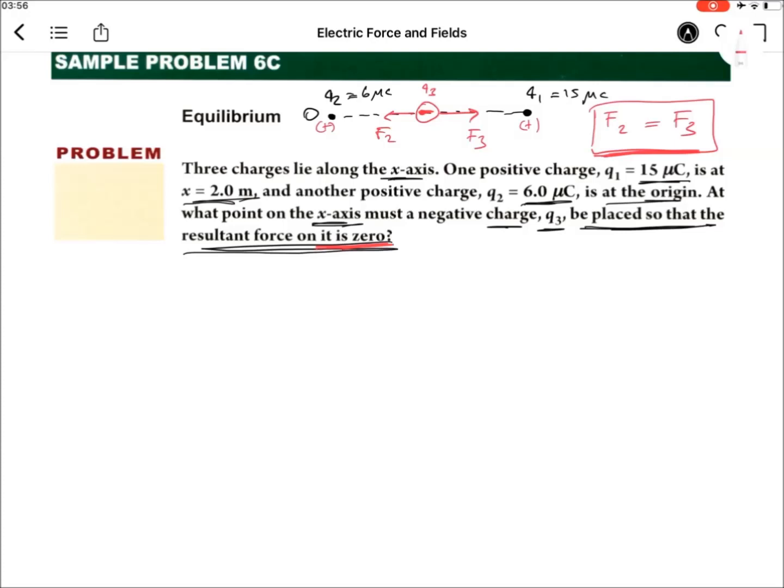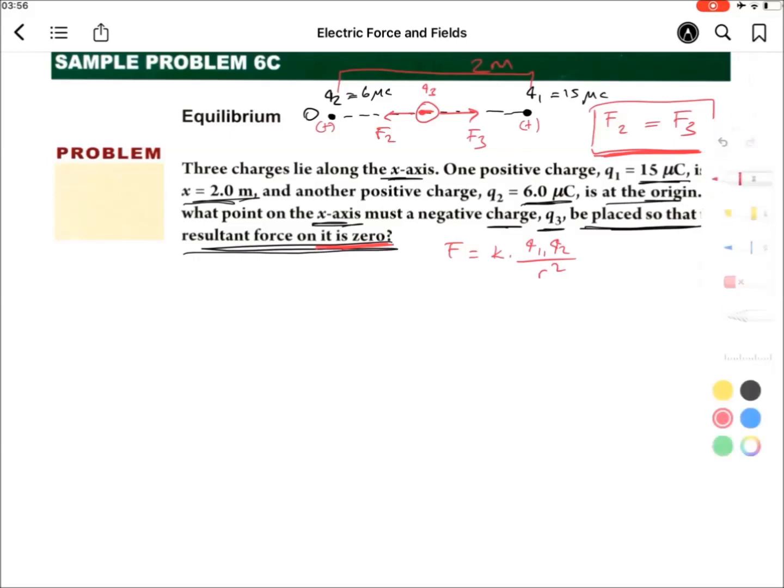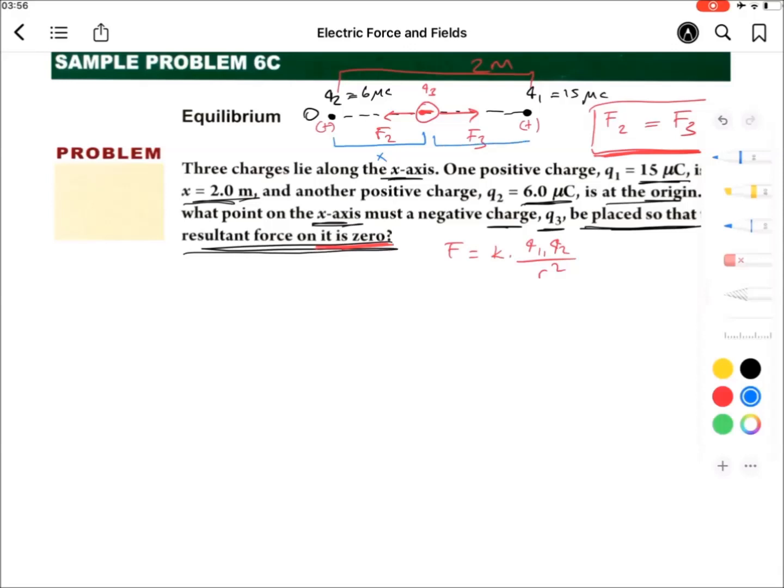So our formula is K times Q1 times Q2 over R squared. We know the total distance between them, which is 2 meters. Let's say the distance between Q2 and Q3 is x. Then the distance between Q3 and Q1 will be 2 minus x, because the total is 2.